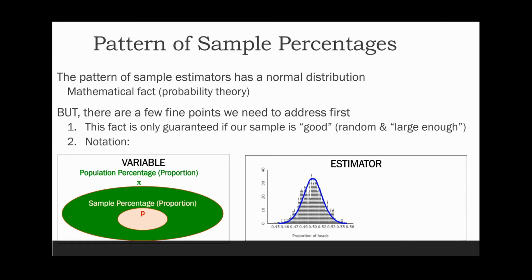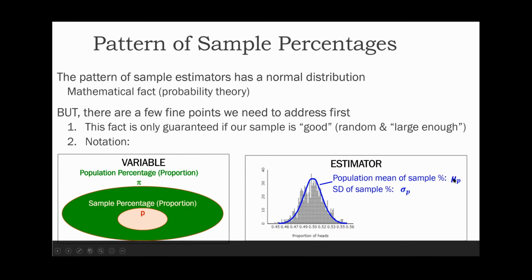Meanwhile, we have the estimator, which is different than the variable. It's a summary statistic of all the values in my sample. And again, we have some notation and we have to be careful with this. If I were to take samples over and over again, I would get the population curve. Remember that with the plotted histograms, we're always trying to figure out what the population curve is. And of course, this has a normal distribution.